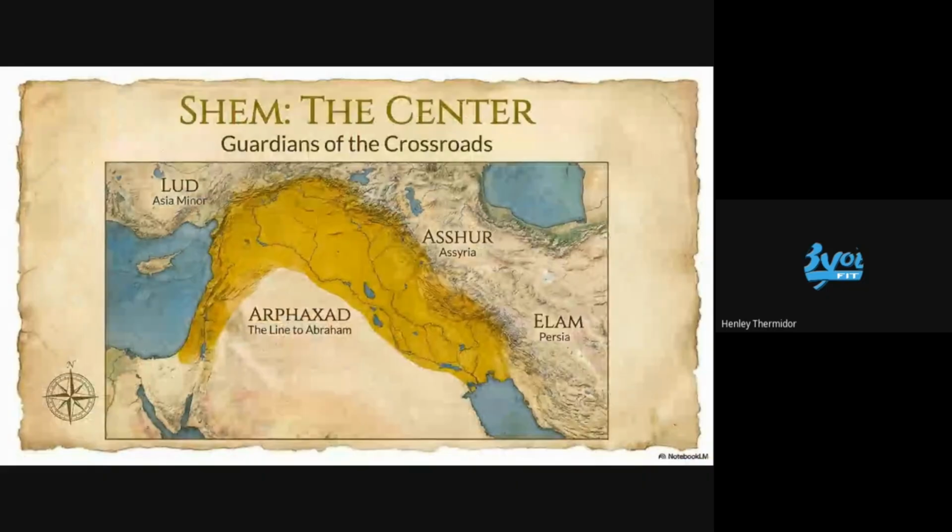Now, next we have Shem, which would be the center. He's the one that pretty much stayed in between. So for Shem, we have five sons: Elam, Ashur, Arphaxad, Lud, and Aram.